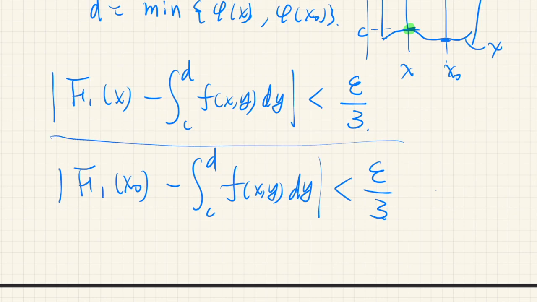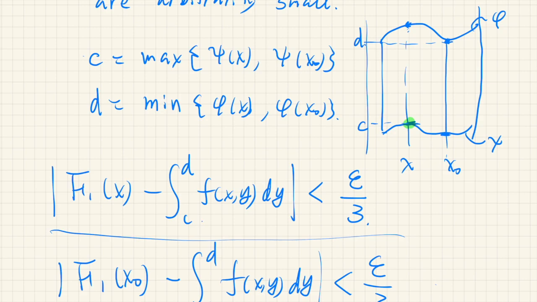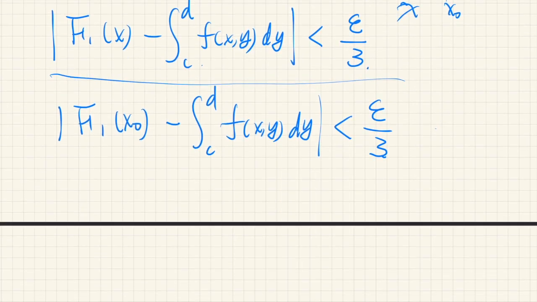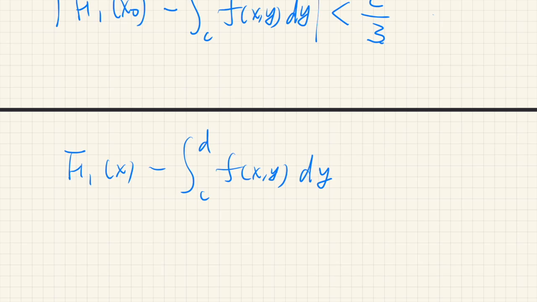So let's consider the first one. Suppose, for example, C happens to be equal to phi of x0, okay? And D happens to be, wait a minute, in this case, it's x, okay. So suppose C happens to be this one, and D happens to be this one, okay? So let's consider f1 of x minus the integral from C to D of this, okay?